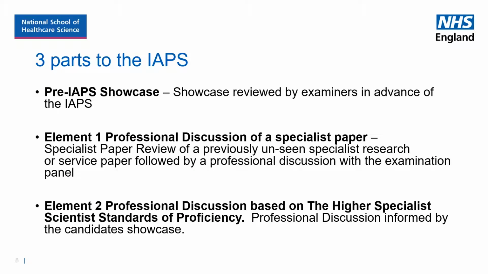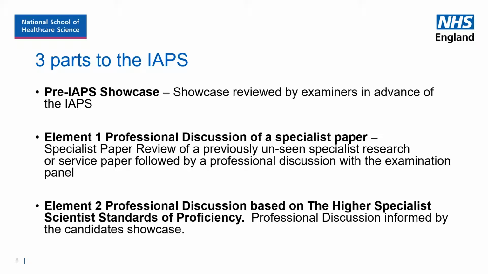The IAPS consists of 3 parts. Before the IAPS, candidates produce a showcase of evidence from their completed one-file portfolio. This is submitted prior to the IAPS, allowing review by the IAPS examiners. The IAPS itself has 2 elements. There is the professional discussion around a previously unseen specialist paper.